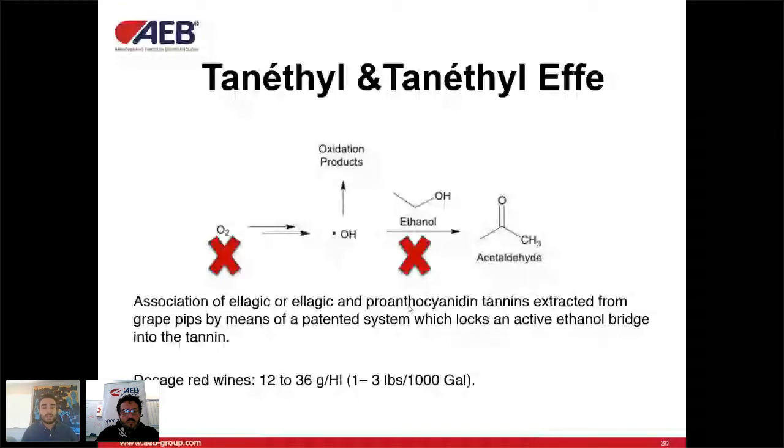So these tannins are very useful when you want to stabilize the color and you don't want to over-oxidize, or you're worried to over-oxidize your wine. And also it is very useful, for example, during cold soak, because during cold soak you don't have ethanol and you don't have acetaldehyde that is formed during fermentation, and therefore you can stabilize the color immediately.